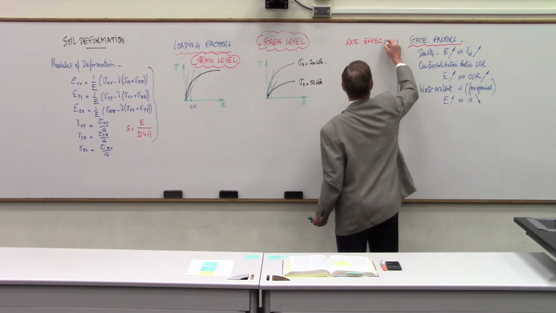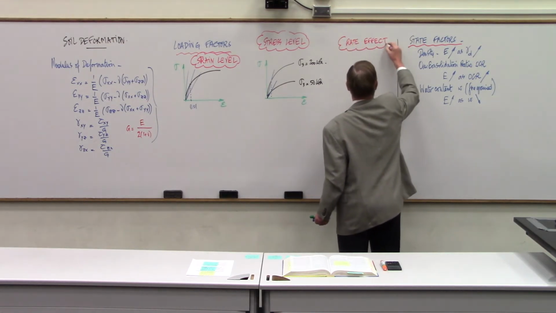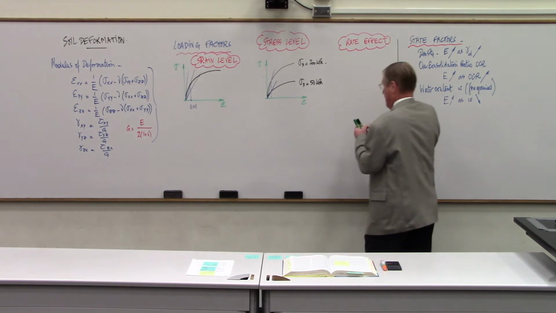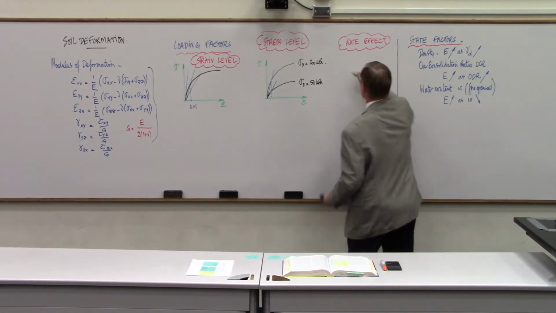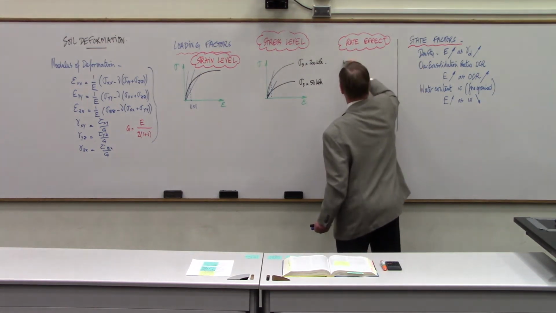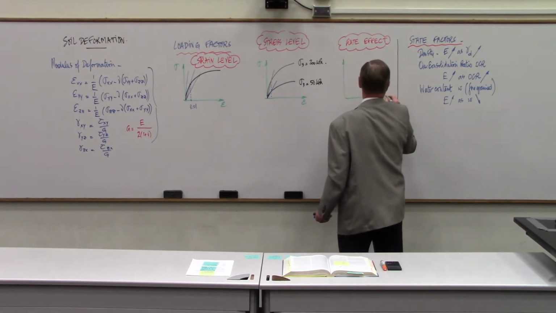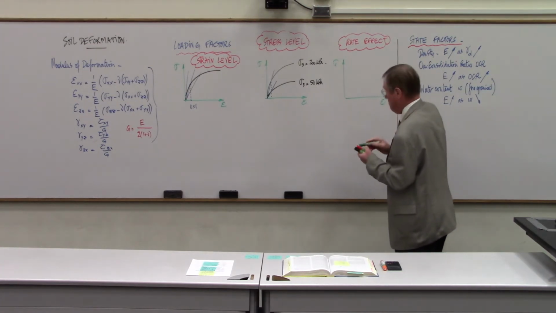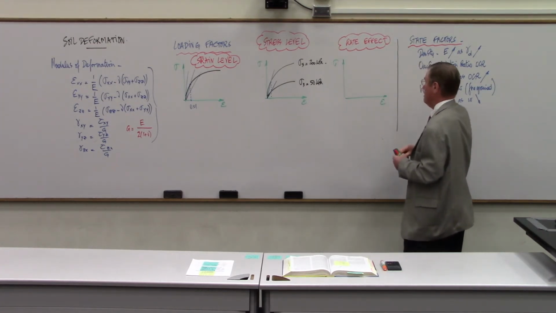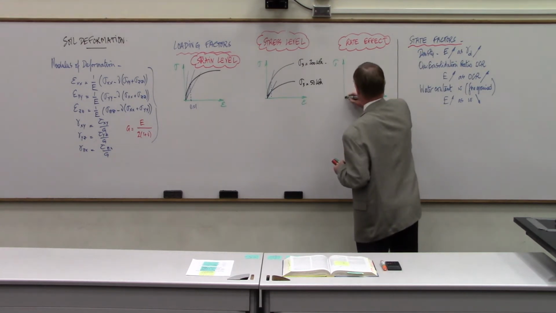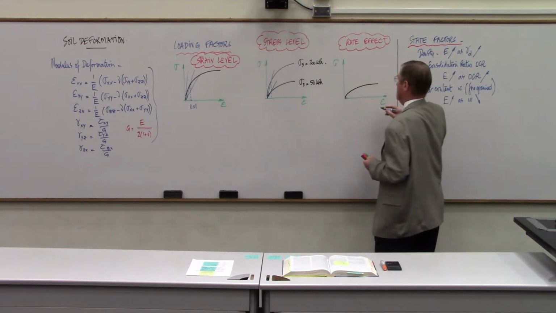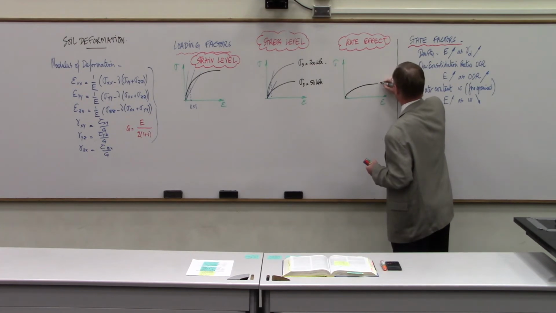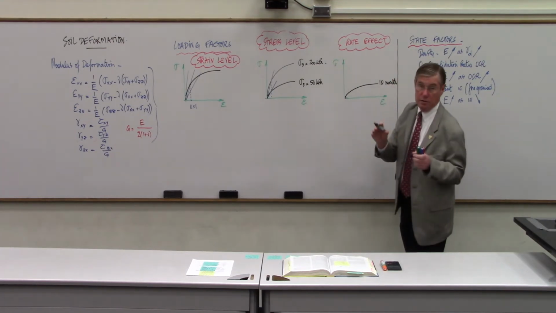The rate at which you load the soil. If you can imagine that right here, I'm loading the soil, and so I've got sigma versus epsilon again. And in one case, I load the soil, I do a very slow triaxial test, and I load the soil in, say, 10 months. Very, very, very slow.